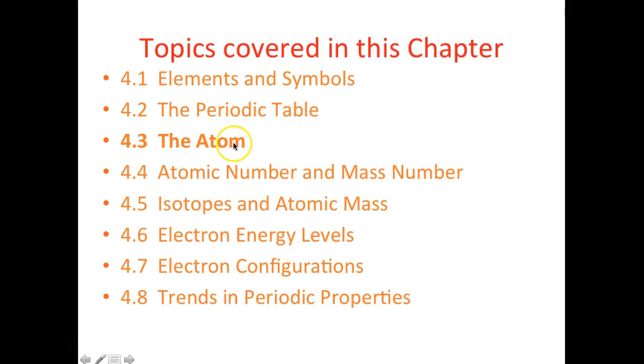The other topics are atom, atomic number, mass number, how to define that, how do you obtain the atomic number and mass number looking at the periodic table, and then what are isotopes, what is atomic mass, and then the subatomic structure or the arrangement of these electrons within the atom, and then specific periodic properties, the trends in those periodic properties like atomic size and ionization energy.